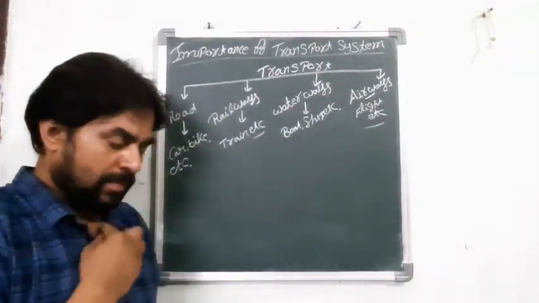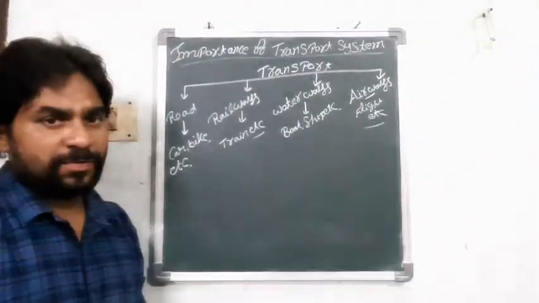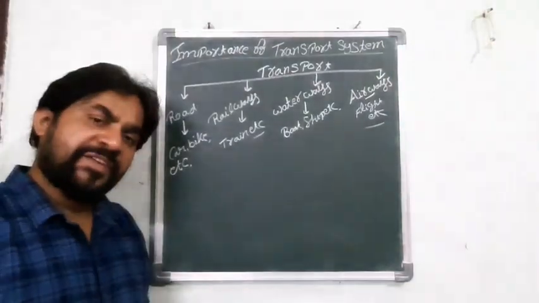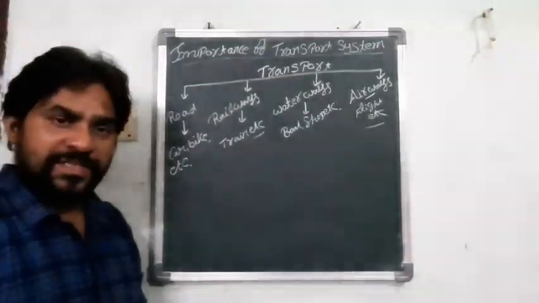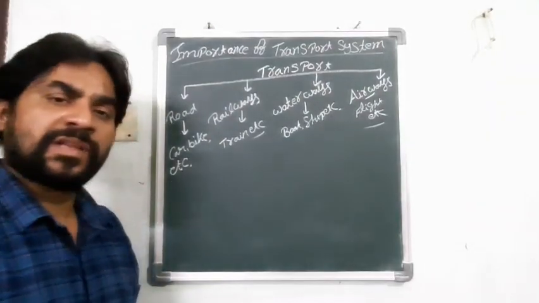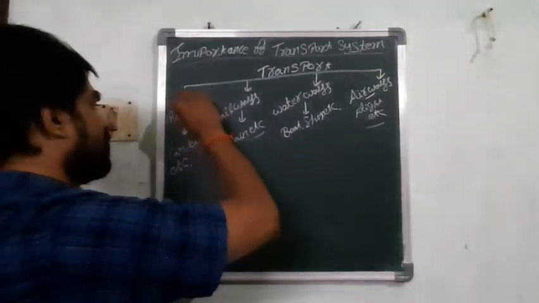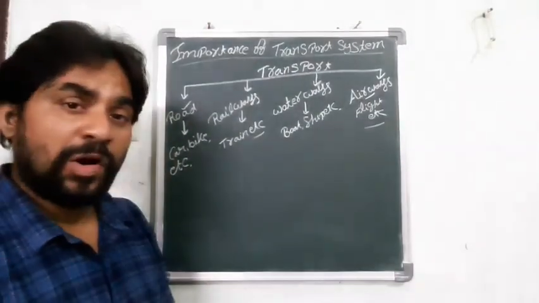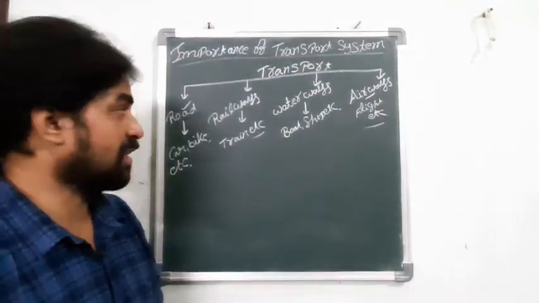The third column is the products or groups of people that could be carried. Which type of people can use this way? Roadways can be used by everyone, poor to rich. Everyone can choose roadways for traveling from one place to another, and also for transporting goods. Railways are especially for long distance comfortable traveling and also for transporting goods.